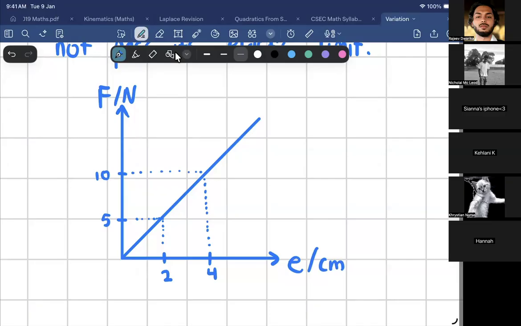Yes, sir. Okay, if you don't understand, just tell me. But from this graph, can you see that as we apply more force, the extension is increasing in a linear way? So it looks as though when I increase the force by 2 times, the extension is increasing by, if you had to say.